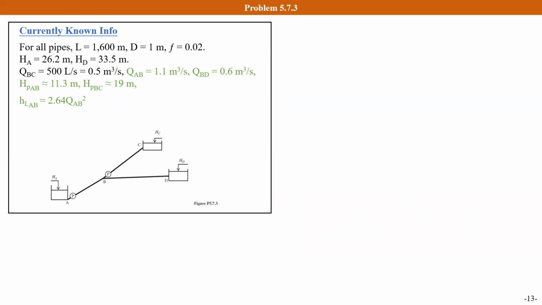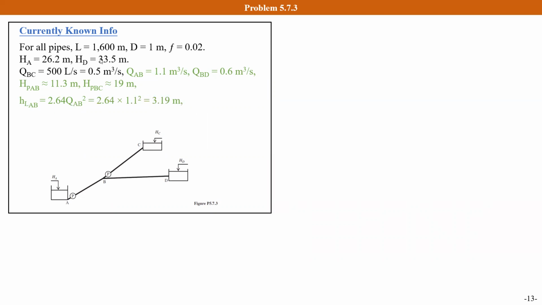We also know the head for these two pumps, and we have the relationship between the head loss in pipe AB and the flow rate in pipe AB.